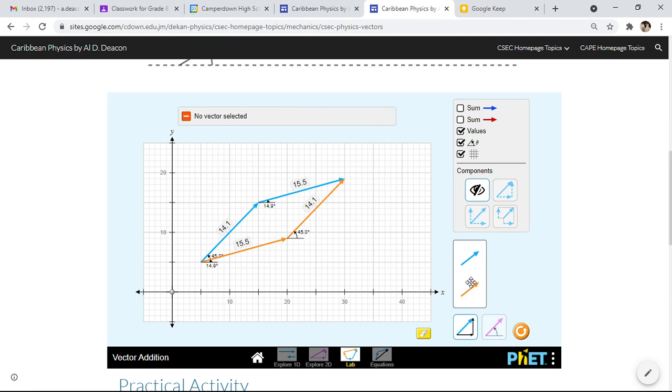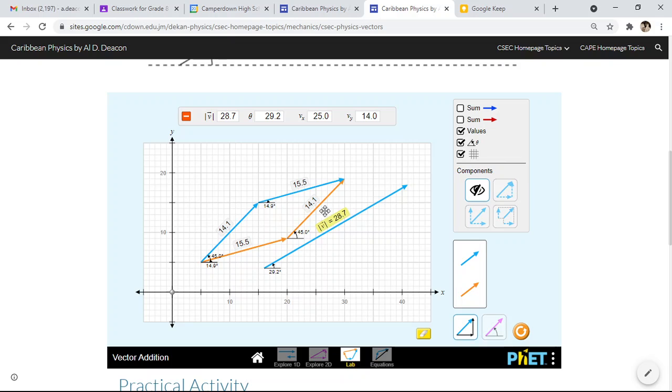All I need to do now is get one vector, put it from there, extend it up here, and use a ruler to measure the length of this line. That would give me 28.7, right? And use my protractor to measure off the degree.